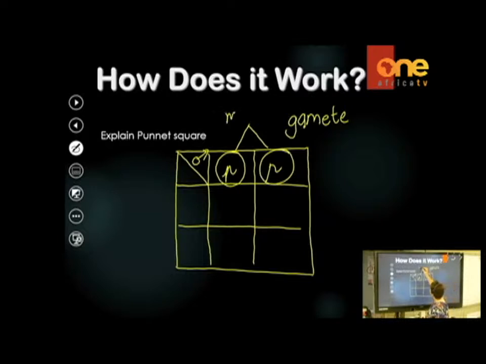Due to meiosis, the two alleles of the father will be separated, so only one of these alleles will be possible on his sperm. In the female, and she was capital P, there will also be meiosis taking place, which will form the ovum, and now I will have a capital P.